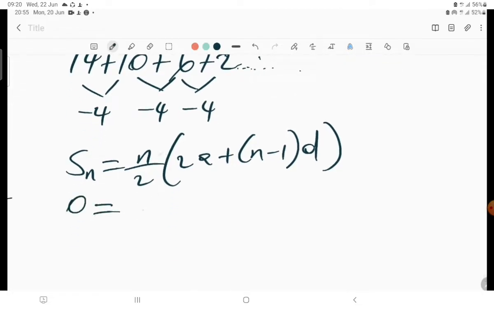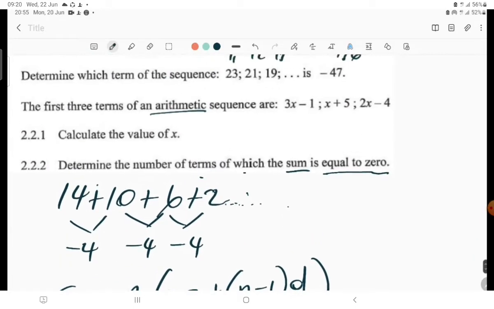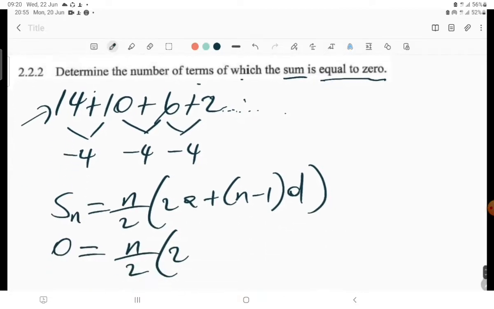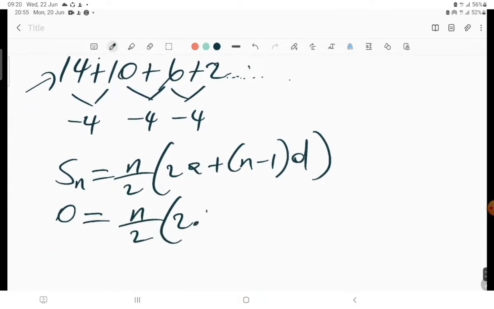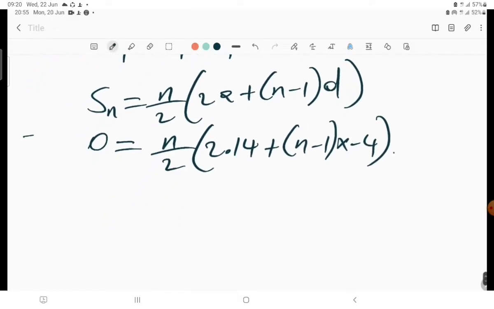Then in the place of n, this is what we are looking for. In the place of a, the a is the first term, so we put 14 there, then plus n minus 1, then our d is negative 4, times negative 4. The idea is to solve for n now.